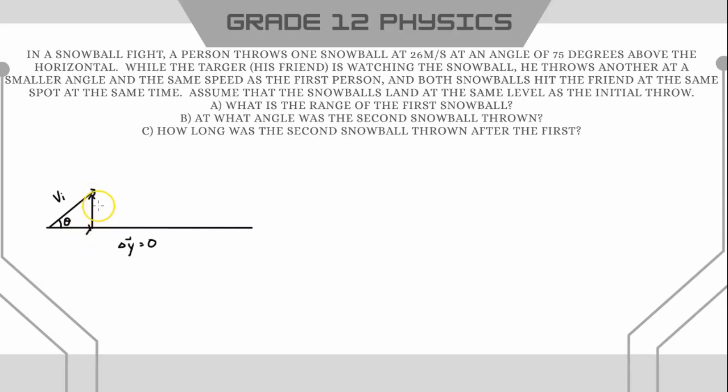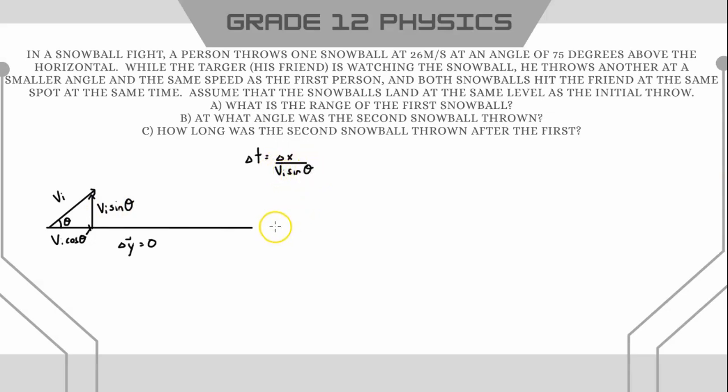So we have our vertical component, vi sine theta, and our horizontal component, vi cos theta. Now it goes some range delta x. And we can figure out, just as we did before, that time for the delta x range is going to be delta x divided by vx.